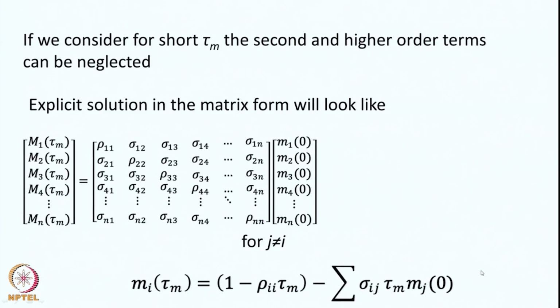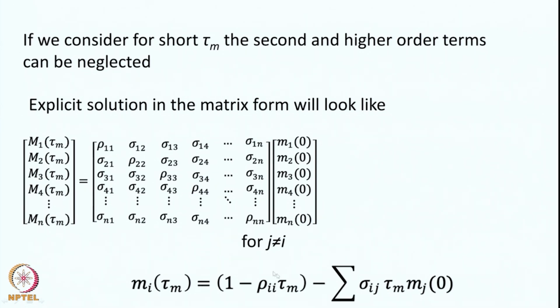If we consider a short Tm, then the second and higher order terms can be neglected. So, we can find an explicit solution which will look like this: the magnetization of any spin at time t will be given by this, and then the equilibrium magnetization for any spin j not equal to I.